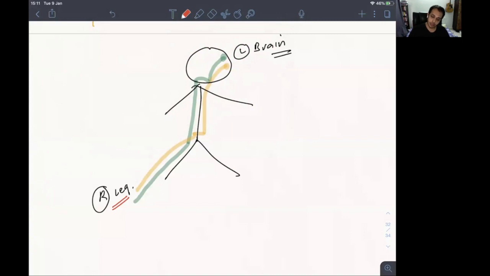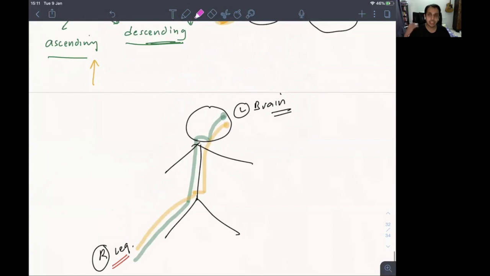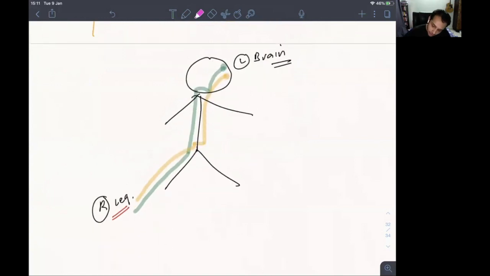Okay. And finally, your posterior column sensation, so your pressure and your joint position from your right leg will go up to the spinal cord. It will go up on the same side all the way, and it will cross over in the medulla and then go up.